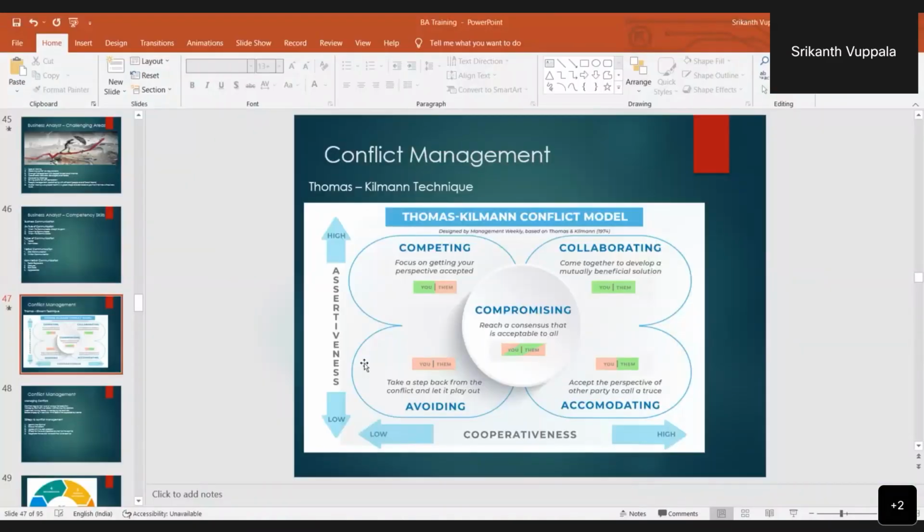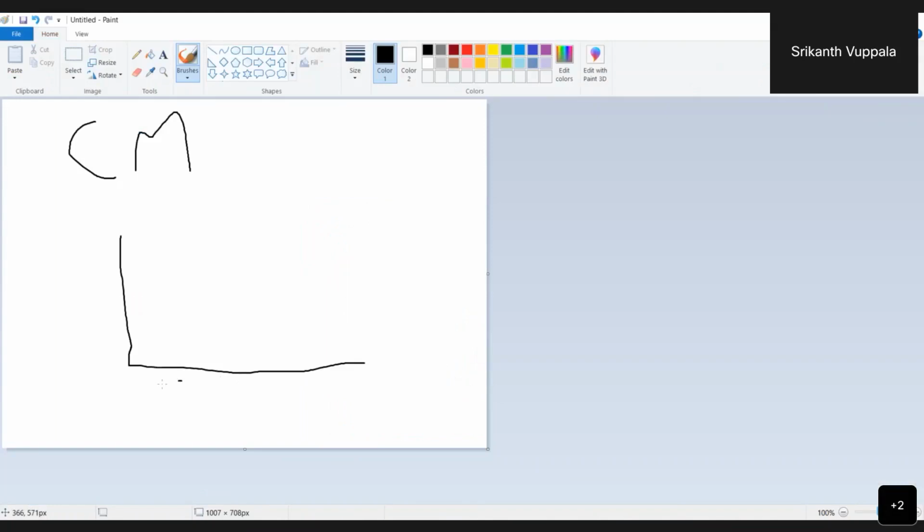Let us put cooperative on the y-axis and assertive on the x-axis. Assertive means these people are very stubborn. When you talk to stakeholders, you have to categorize the people who are more assertive and who are more cooperative.